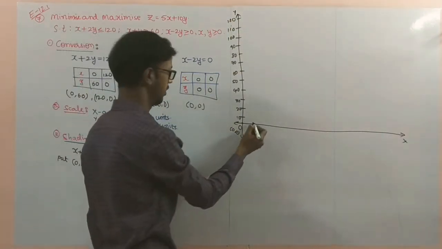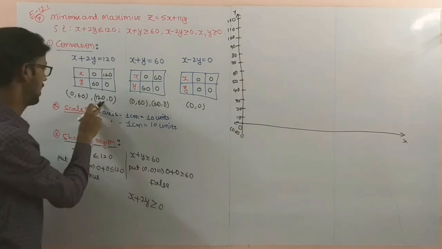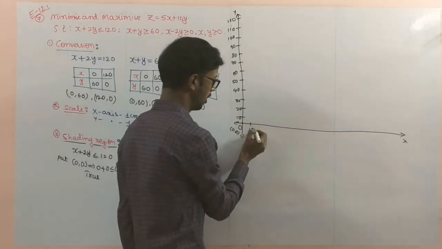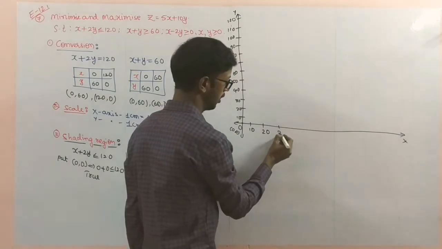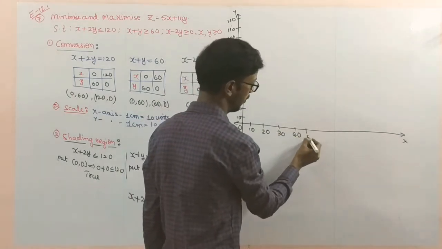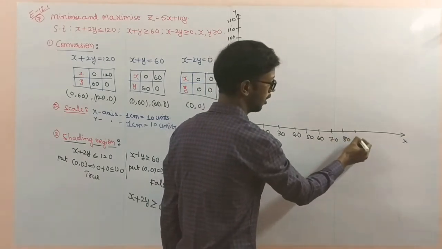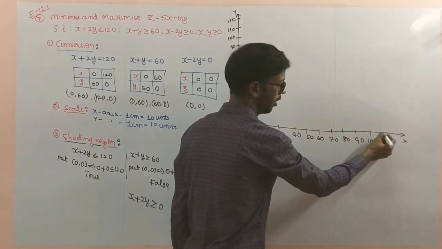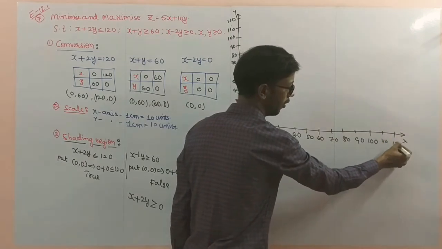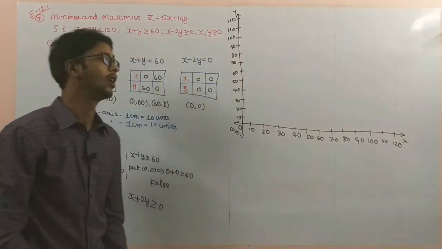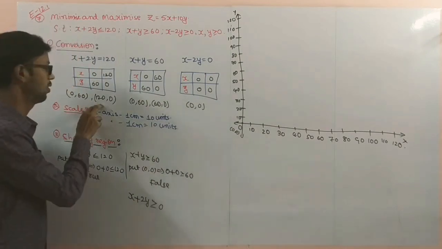Similarly on this side, on the x-axis the highest value is 120, so we write 10, 20, 30, 40, 50, 60, 70, 80, 90, 100, 110, 120.